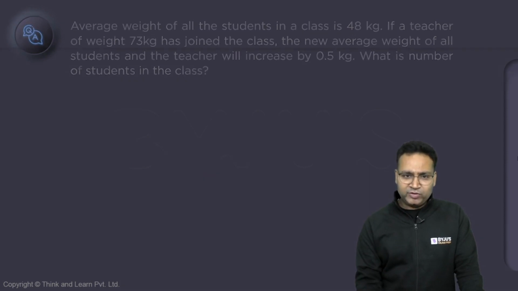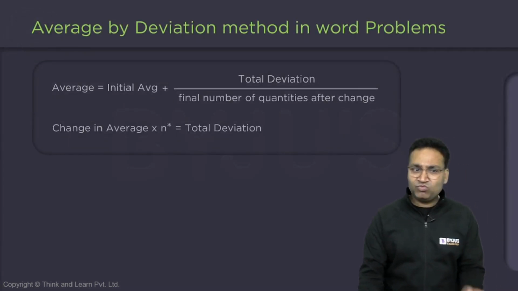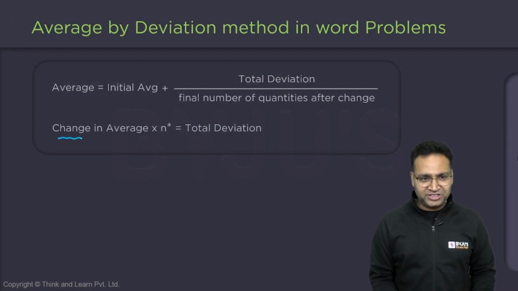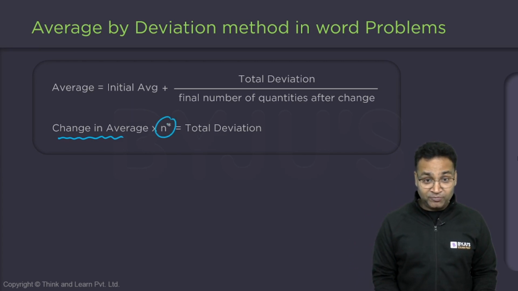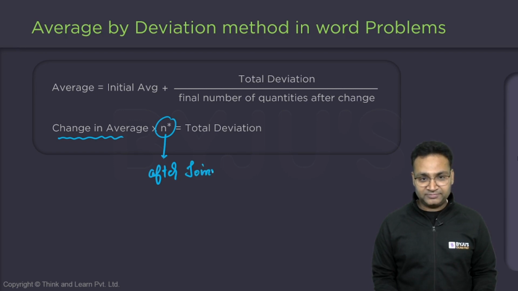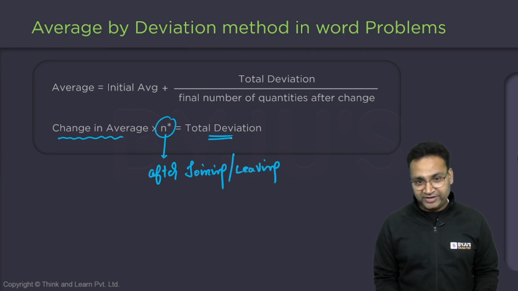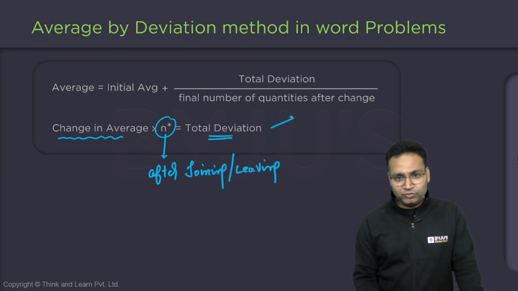Okay. Let's look at this once again. I say change in average into number of people after joining or leaving. This is not the initial number, it is the final number, equals the total deviation. Total deviation would be what?